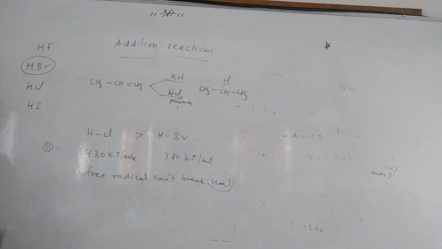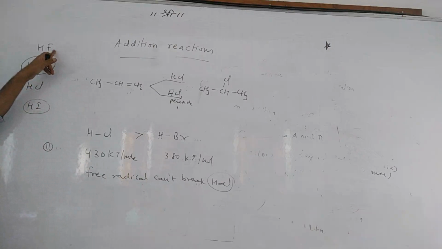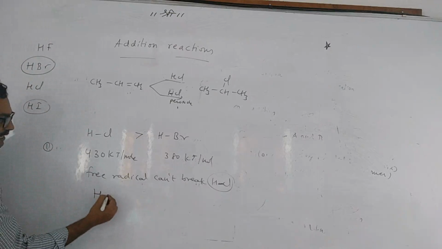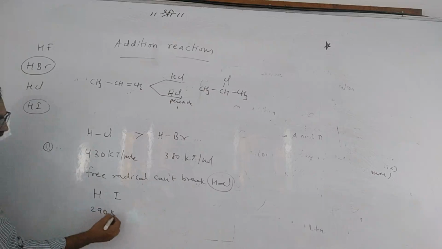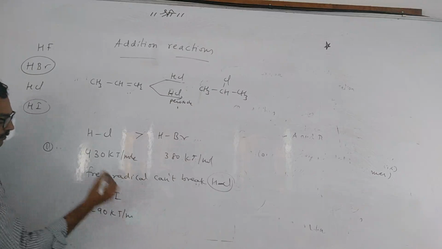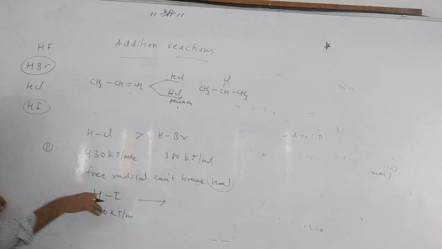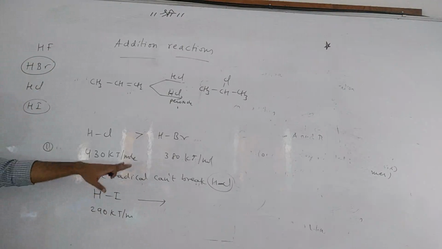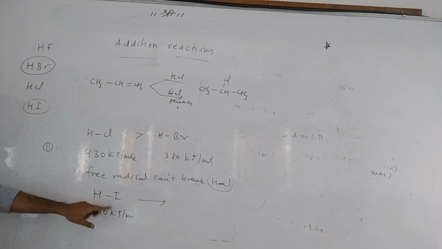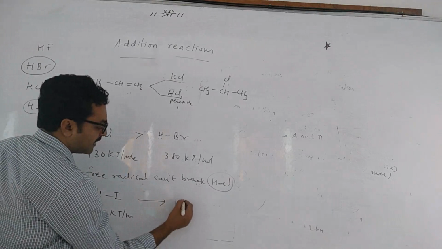Understanding? And why won't HI give it? HCl needs this much energy, and for HF the same reason applies, even more energy will be there. HI energy is less, children, around 290 kilojoules per mole for the HI bond. So free radical can break this. You will get the doubt now. HCl and HF bonds are stronger, so radical cannot break them. HI it can break, forming H radical and I radical.